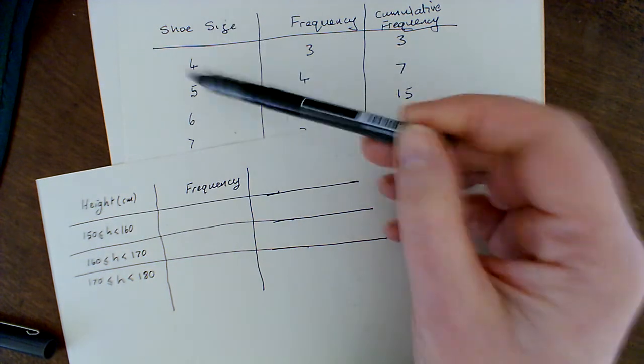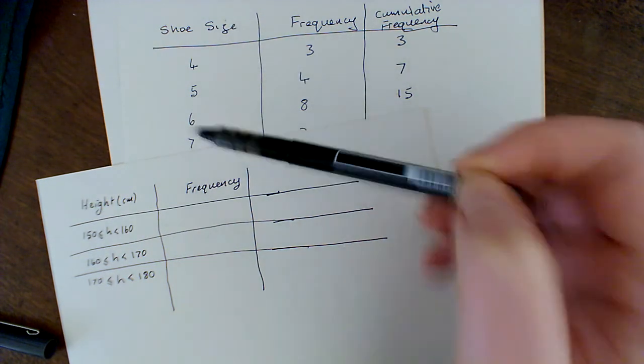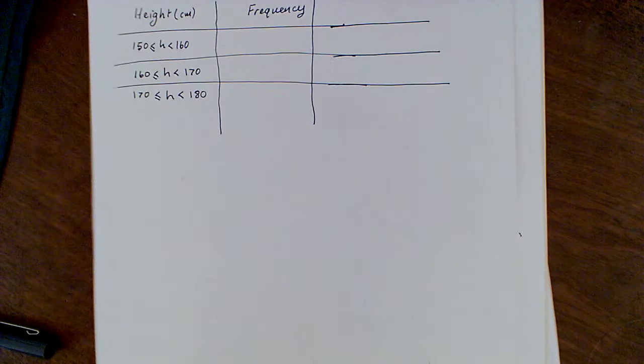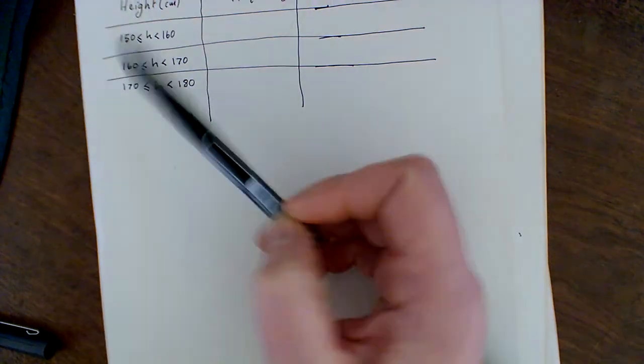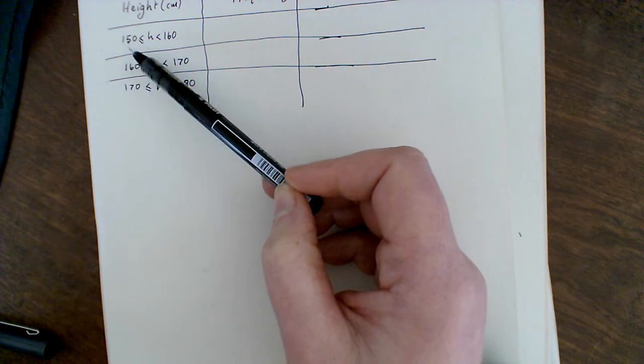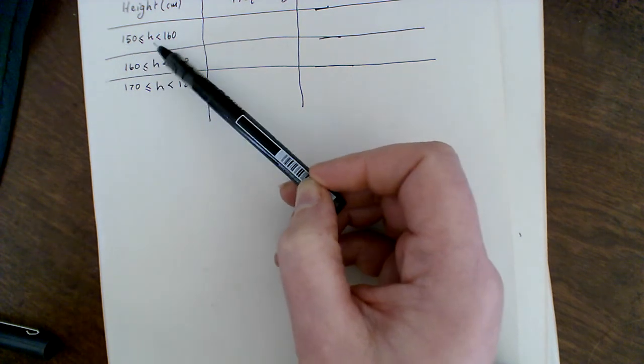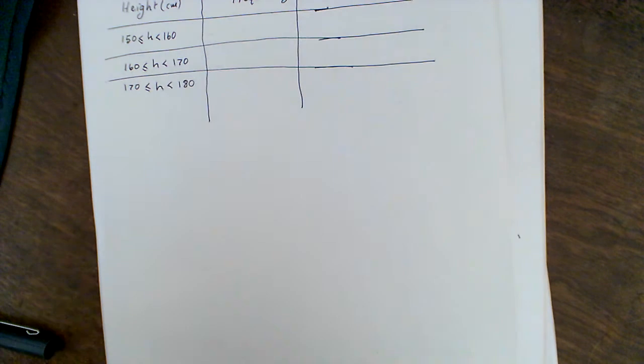But there's going to be discrete values. For height, you can be 150, you can be 151.2, you can be 159.34. It's a continuous thing.